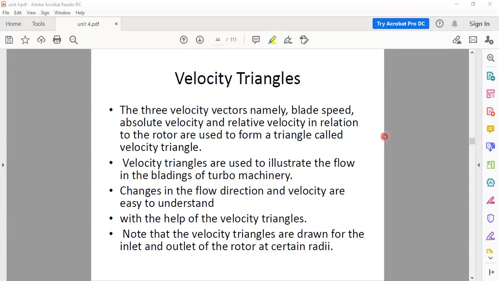Velocity triangles are used to illustrate the flow in the blading of turbomachinery. Changes in the flow direction and velocity are easy to understand with the help of velocity triangles. Note that the velocity triangles are drawn for the inlet and outlet of the rotor at certain radii.